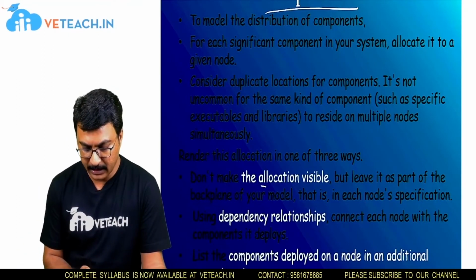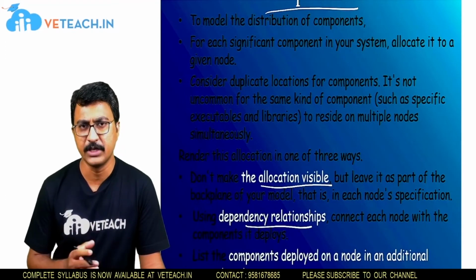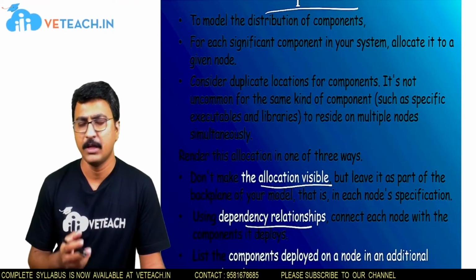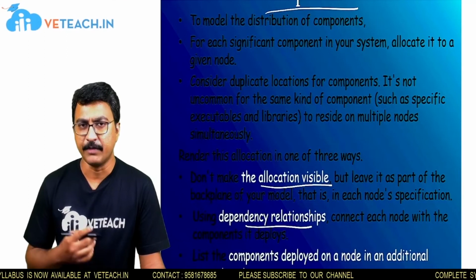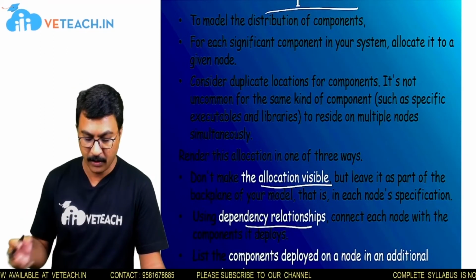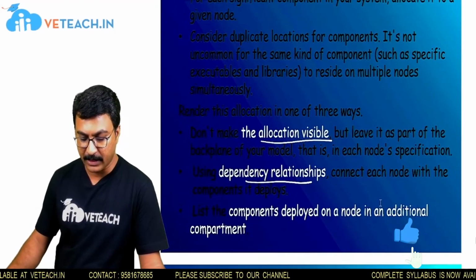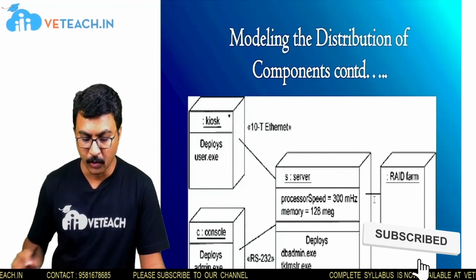So they are physically allocatable based on the dependencies. If they are closely related, one depending on the other, then they have to be put on the same node. But if they do not have such a dependency, then they can be kept at different nodes where they can interact with the help of the connections between the different nodes I have.